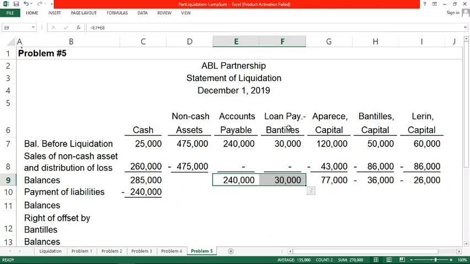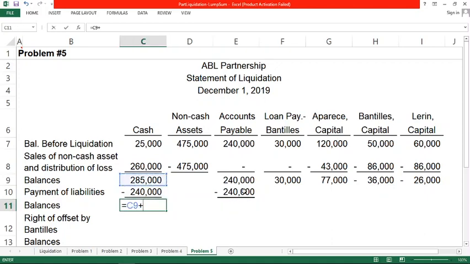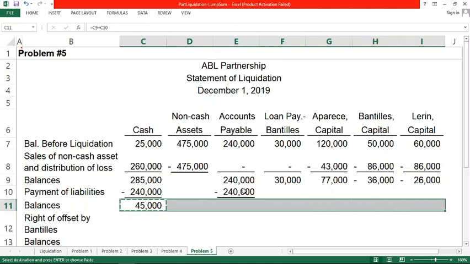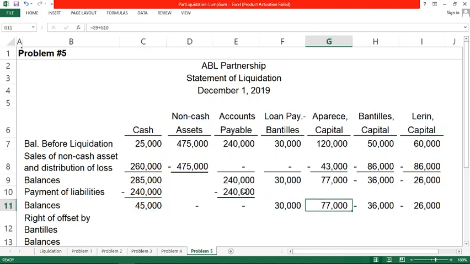Outside creditor ba to si Bantillas? Parang hindi naman. So, mamaya ka na. Okay, bayaran ko muna to si accounts payable kasi outside creditor yan siya. So, the balance now will be 45 cash. 45 cash. Tapos may utang ka pa. Tapos may partners pang magre-receive ng utang. I mean, ng capital balances nila.